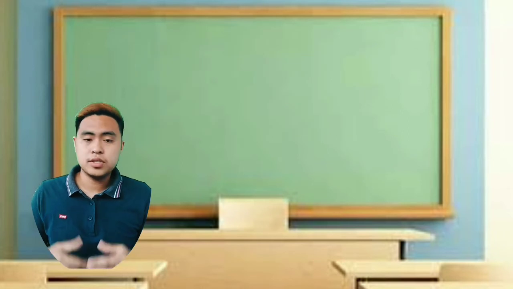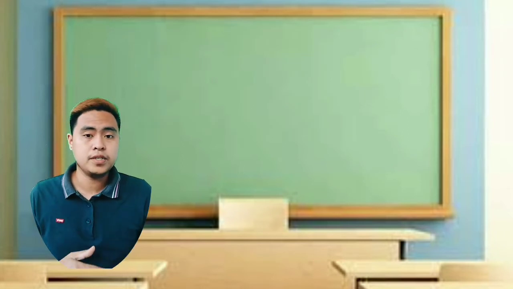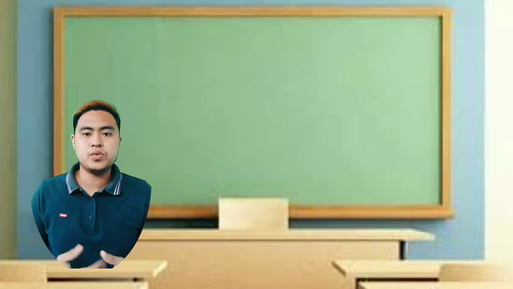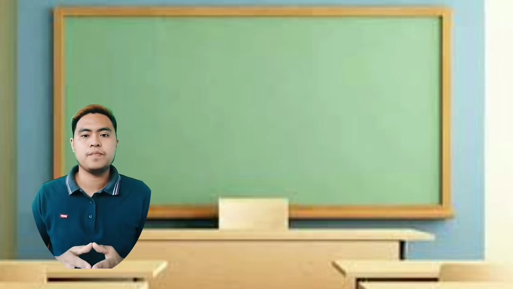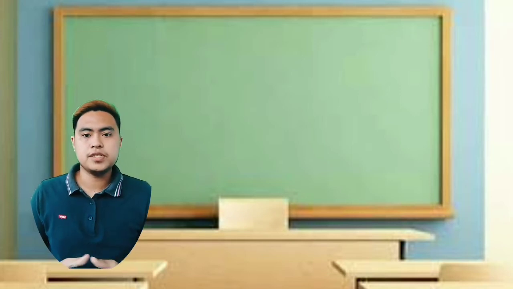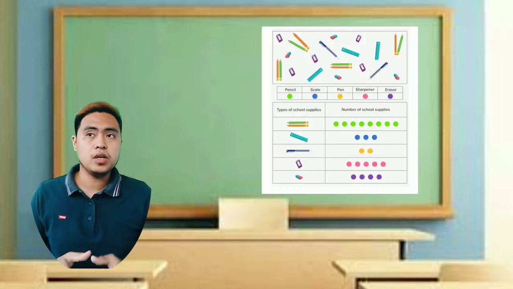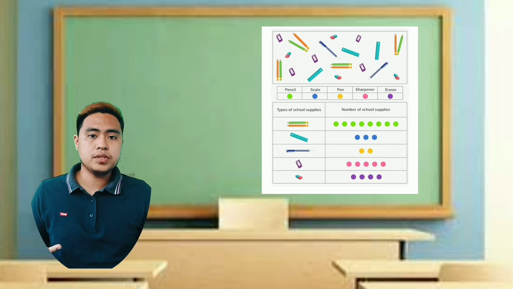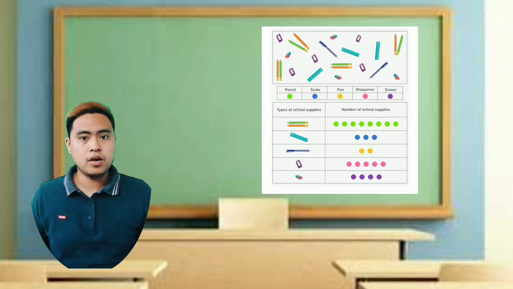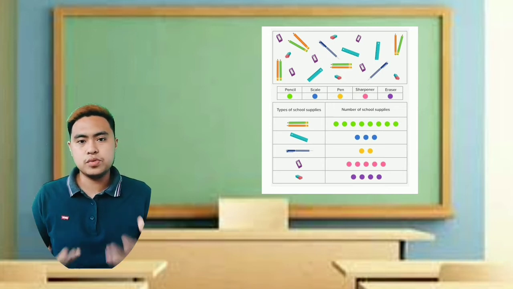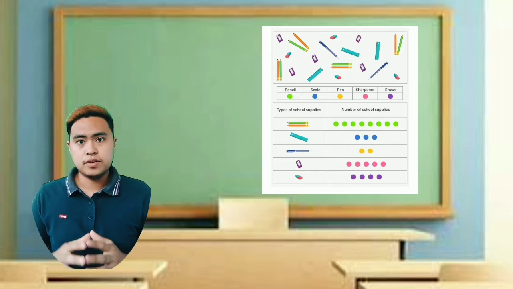The points on the graph often represent the relationship between two or more things. Here, for instance, we can represent the data given below: the type and the number of school supplies used by students in class on a graph.